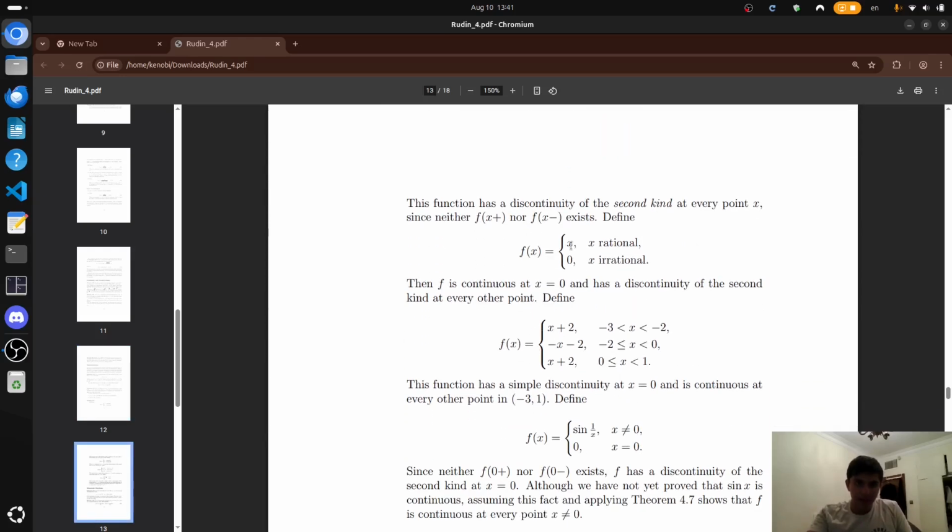Now f of x equals x when x is rational and 0 when x is irrational. Then f of x is continuous at x equals 0 and has a discontinuity of the second kind at every other point. Because when you approach 0, the rationals are also going to go to 0, so it's going to be continuous.